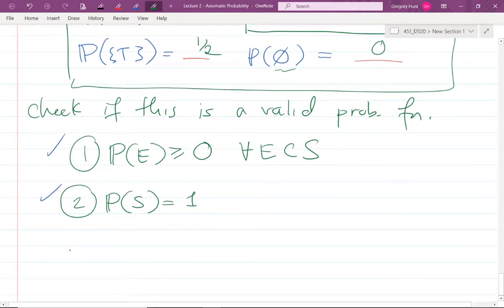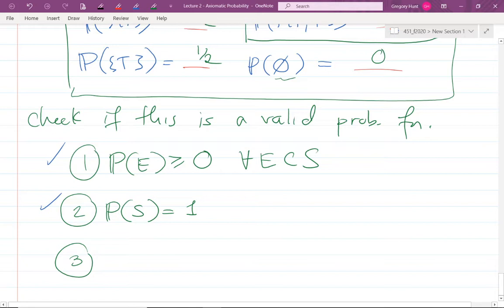And then the last one I have to check is countable additivity. Presumably you have to test this for all possible countable partitions of any possible event. So that's a tall order. But I'll show you one example, and I'll leave the rest for you to think about why it's true.